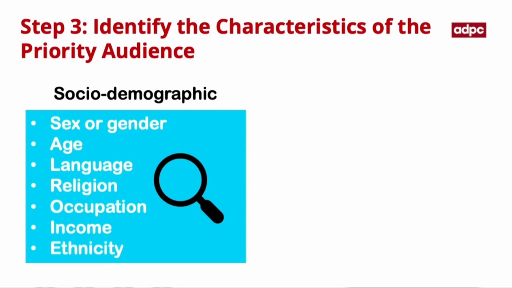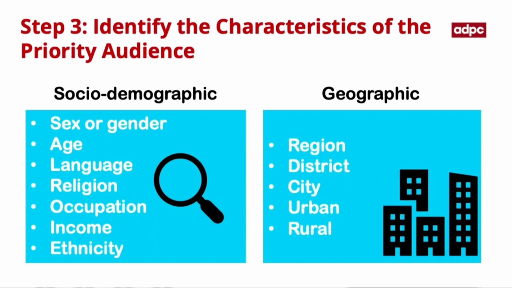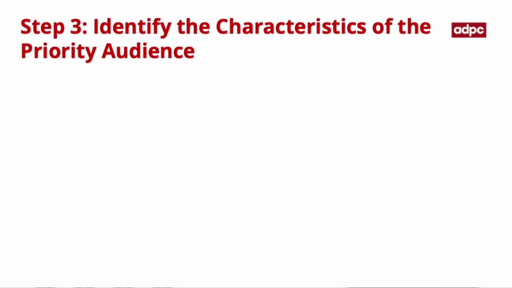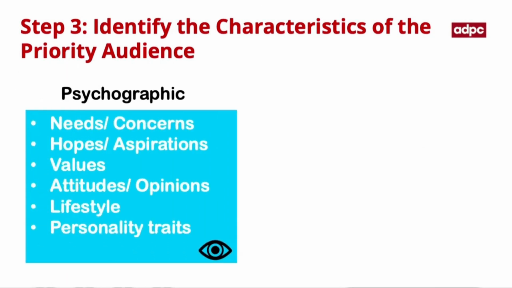On the other hand, the geographic characteristics of your target audience are their region, district, city, and whether or not they live in urban or rural settings. The psychographic characteristics of your priority audience include their needs and concerns, their hopes and aspirations, their values, their attitudes and opinions, their lifestyle, and their personality traits.